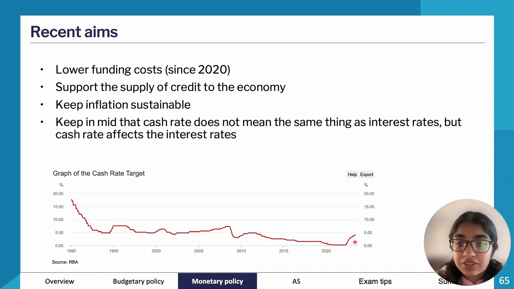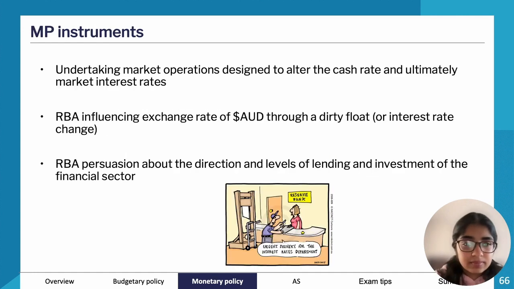At this part, the cash rate was at 0, and that's because inflation was actually negative around that point. So the RBA quickly lowered the cash rate as low as possible to ensure inflation is still stable, because it was way too low then. Right now, with inflation being really high, that cash rate is increasing again. So it's at about, I think, 4.85%. I can't quite remember. I think I've got the slide here.